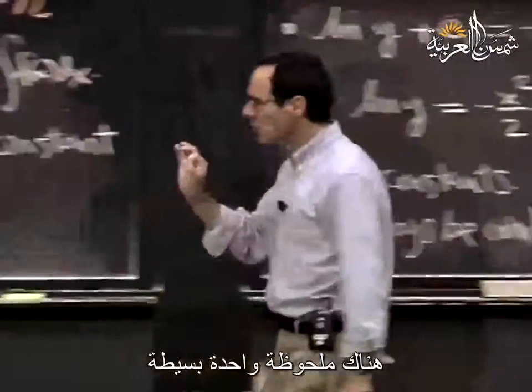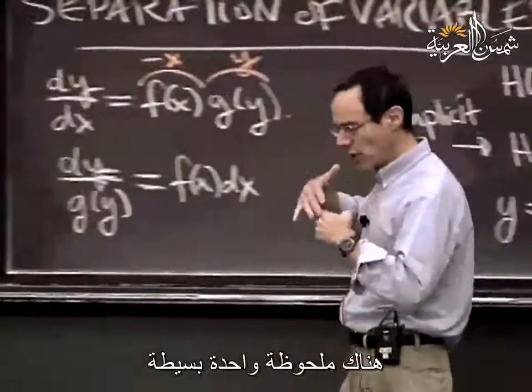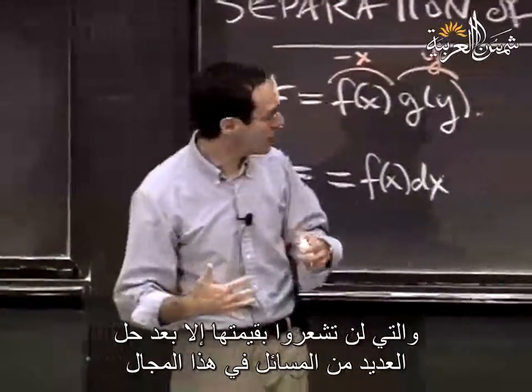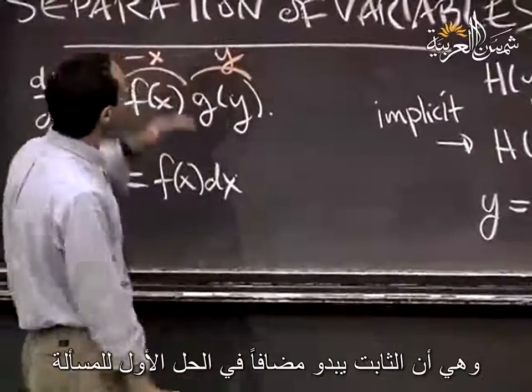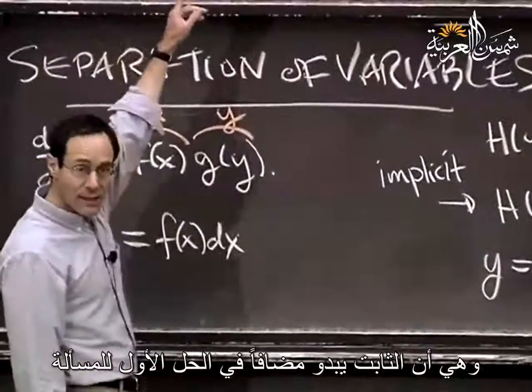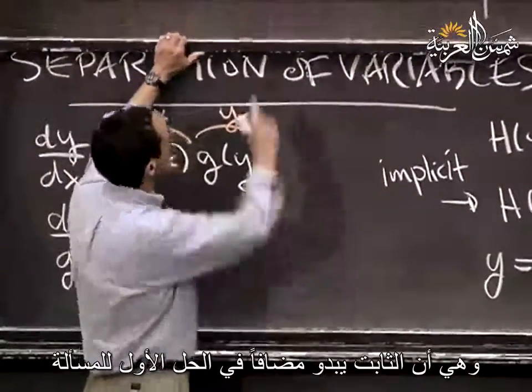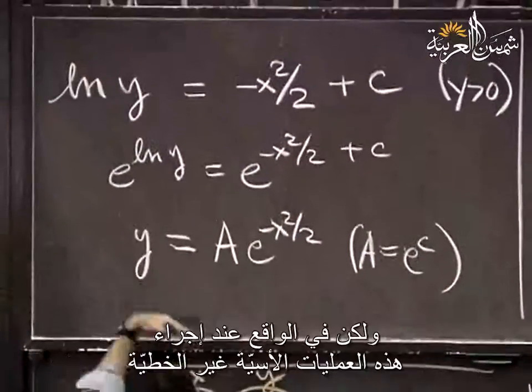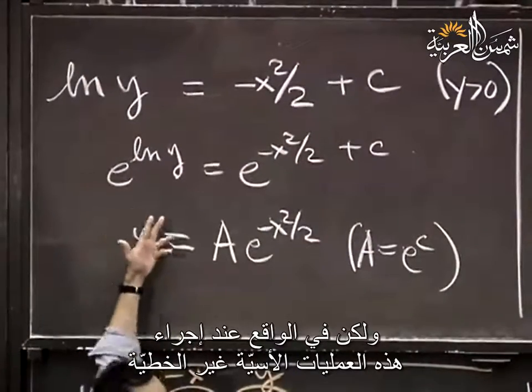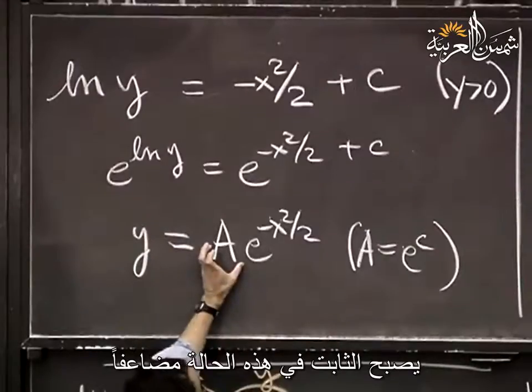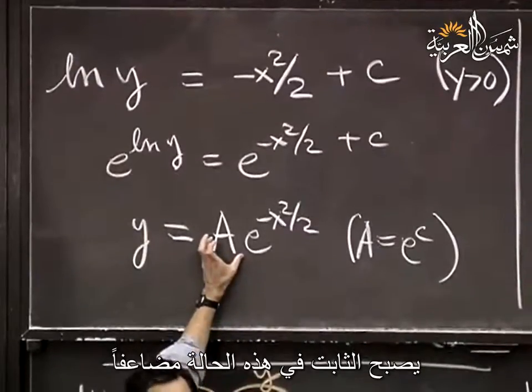There's one other subtle remark which you won't actually appreciate until you've done several problems in this direction, which is that the constant appears additive here in this first solution to the problem. But when I do this nonlinear operation of exponentiation, it now becomes a multiplicative constant.